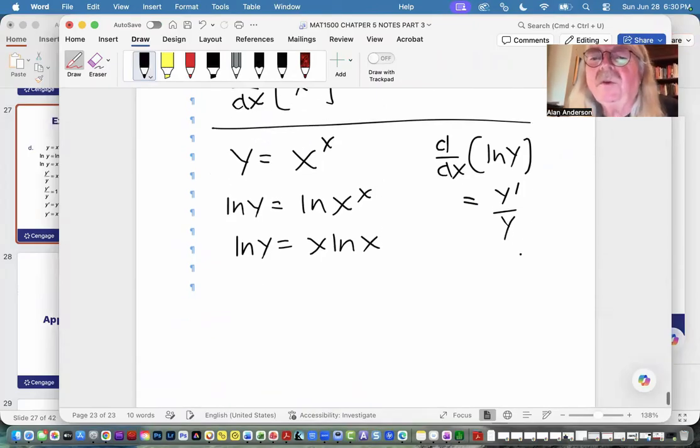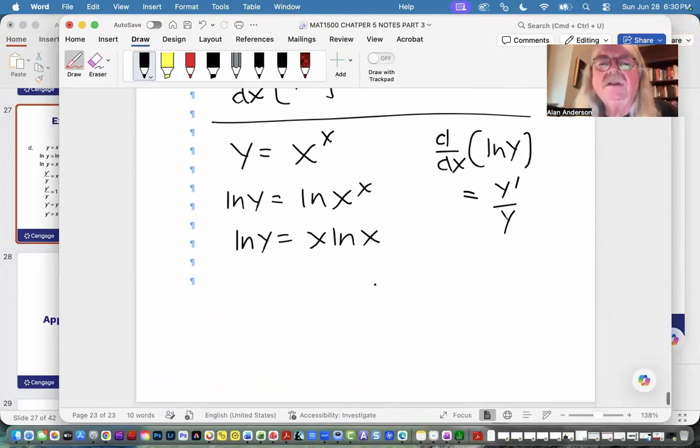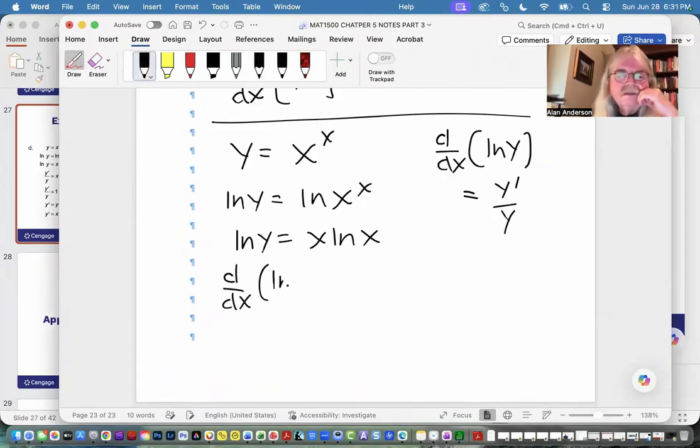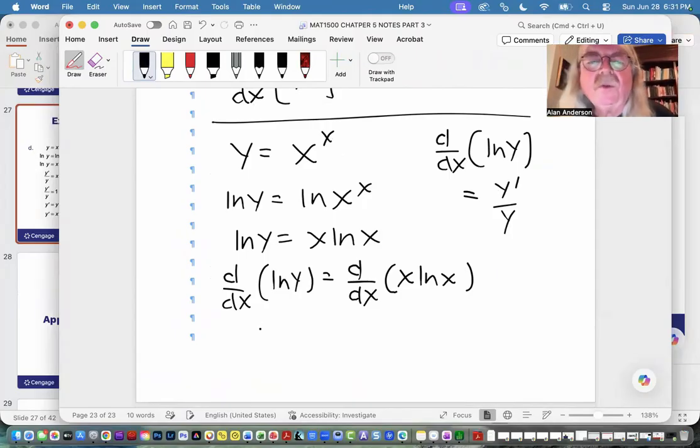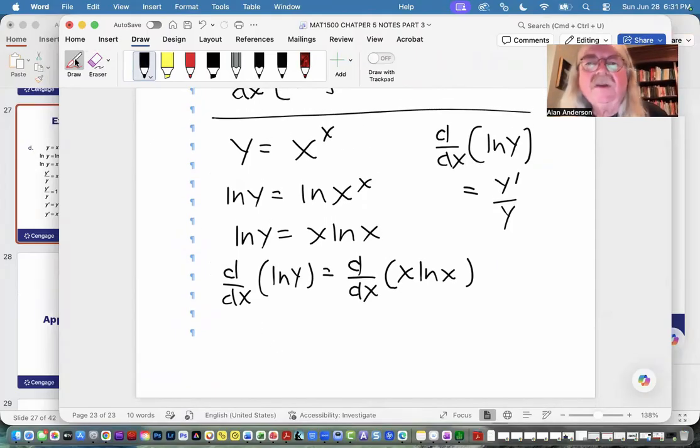We did this once before, but it's probably been a while. So first, we're doing this. On the left-hand side, we have y prime over y. On the right-hand side, we have a product rule.